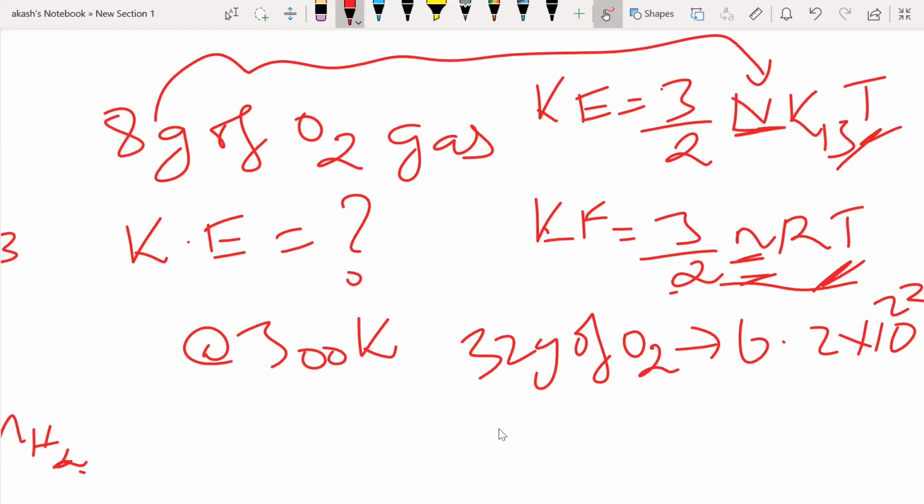So hope you remember the formulas. Root mean squared velocity or speed. What is the formula? RMS velocity or RMS speed: root of 3RT by M. Yeah, right.